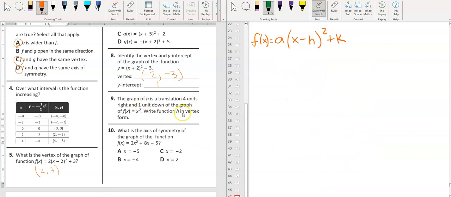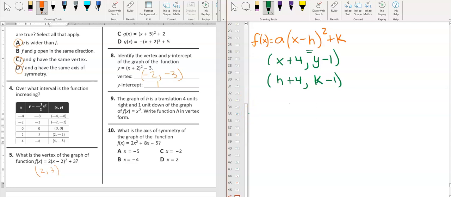Okay, on number 9, again, we're writing this in vertex form. We're continuing this tradition, but this time we're translating 4 units to the right, so x plus 4, and 1 unit down, y minus 1. Again, our x is our h value, and our y is our k value. So that's kind of what I'm going to do, is I'm going to take that opposite of h, add 4, and take k and subtract 1.